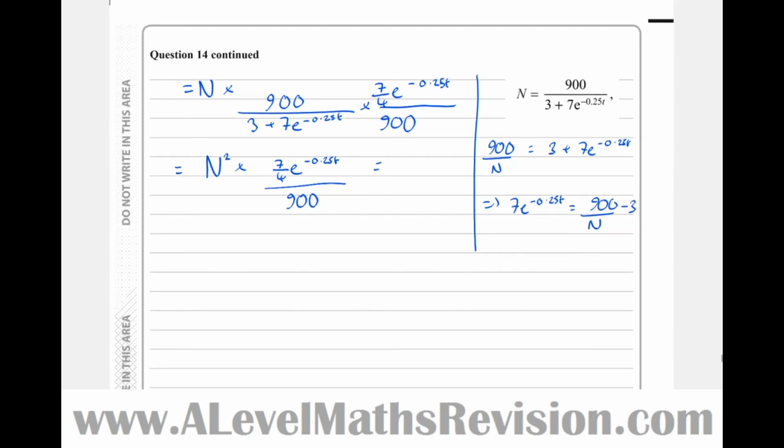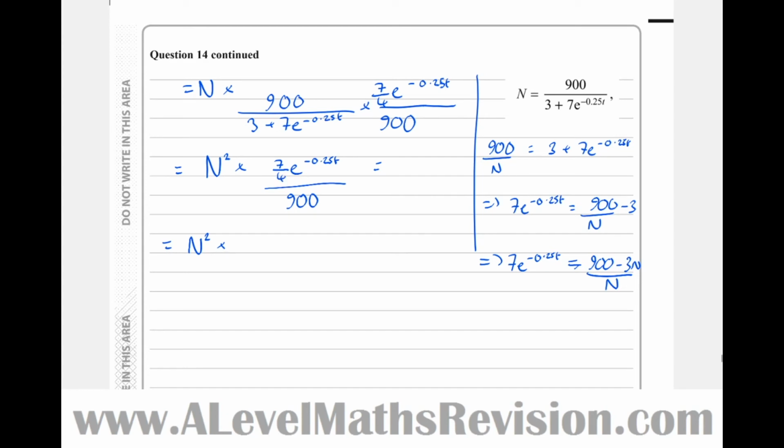And we might as well combine that into a single fraction, which means that 7e to the minus 0.25t, and that's times by n over n, equals (900 minus 3n) all over n. So that's equal to n squared times 7e to the minus 0.25t, and let's bring this 4 onto the denominator.